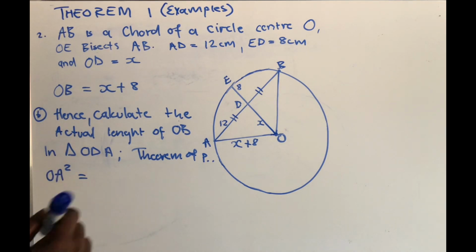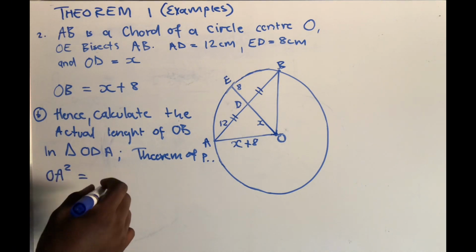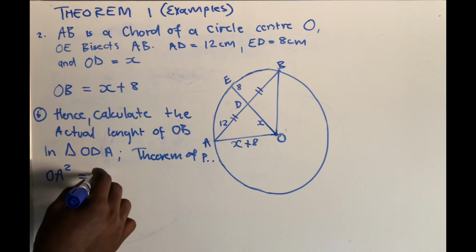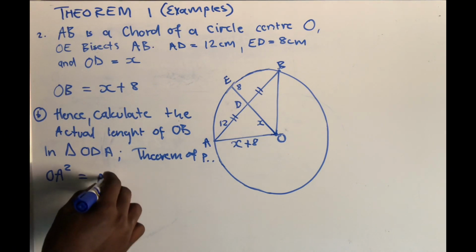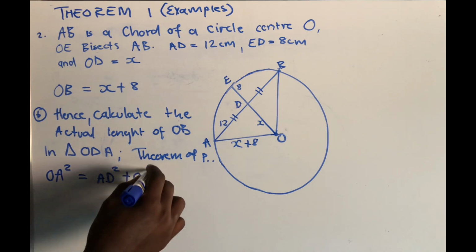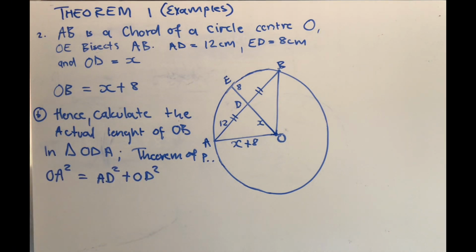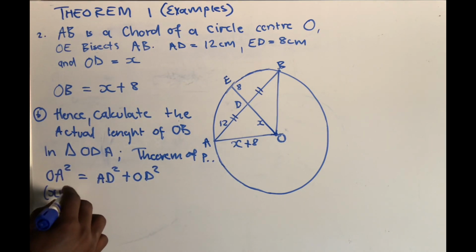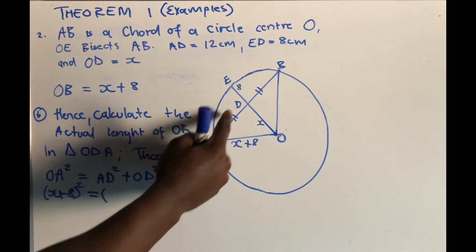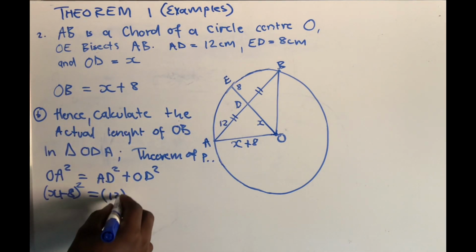The Theorem of Pythagoras states that the hypotenuse, which is OA, squared is equal to the sum of the other two sides, both being squared separately. So OA squared equals AD squared plus OD squared. OA is X plus 8, squared. AD is 12 centimeters.